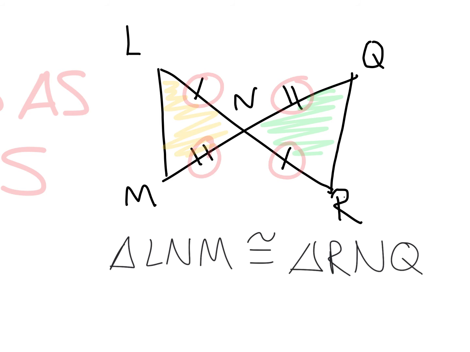I don't have a third side, and so I'm looking for either a right angle or an angle. And I happen to know that these cross in an X formation, which means I have vertical angles. Since that vertical angle is in between the two sides, that gives me side, angle, side.